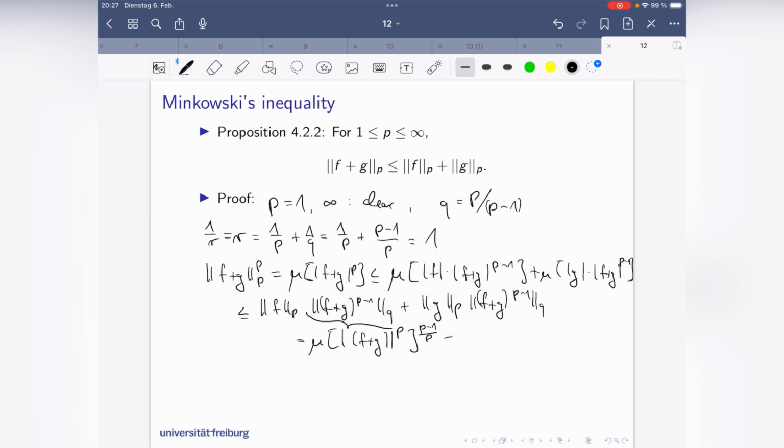And I could also write it like this. So here I have a p, I have the same p, and this here I have to the power of p minus 1. And with this p and this p here, I have the p norm of f plus g. So that's mu of f plus g to the power of p, to the 1 over p, and the whole thing here to the power of p minus 1. And this is the p norm of f plus g to the power of p minus 1, like this here. This is this term here and the same here.